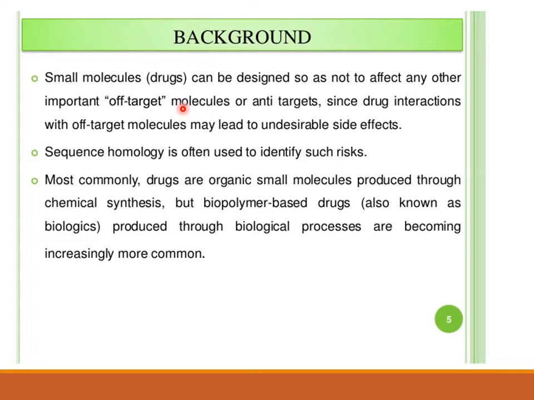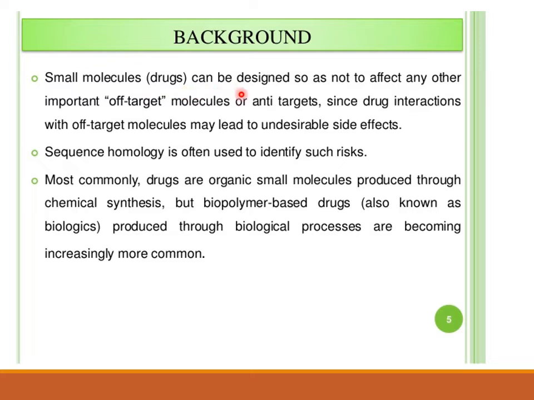At this point you can understand the two concepts: on target and off target. On target means the protein which is causing disease; off target means the protein which is silenced, which is not causing disease, but your molecule is going to interact with that silenced target molecule.